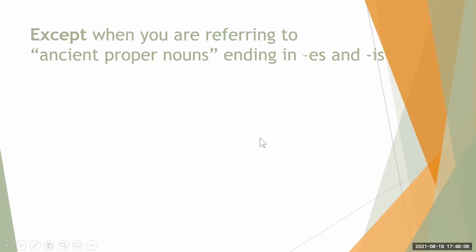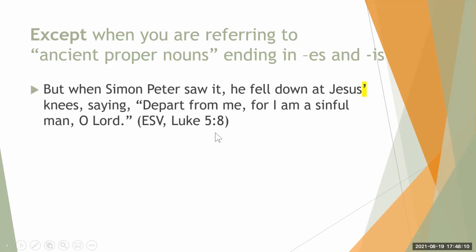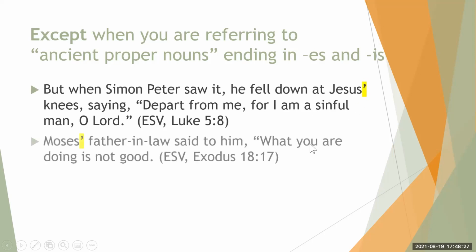What do I mean? Names like Moses and Jesus. "When Simon Peter saw it, he fell down at Jesus' knees, saying, 'Depart from me, for I am a sinful man, O Lord.'" This is in the Gospel of Luke. So you don't say Jesus's with an apostrophe and then an S. You just say Jesus', and then you put the apostrophe. Don't need to put the S.